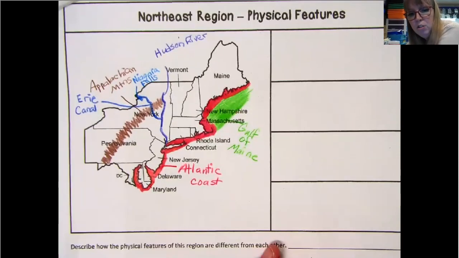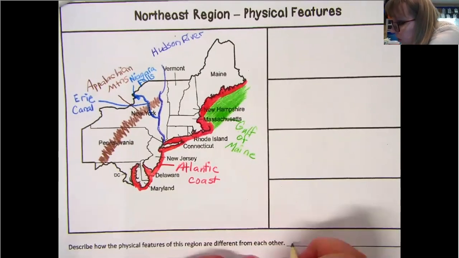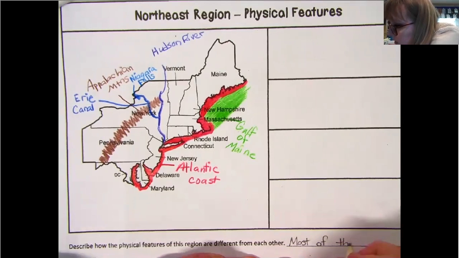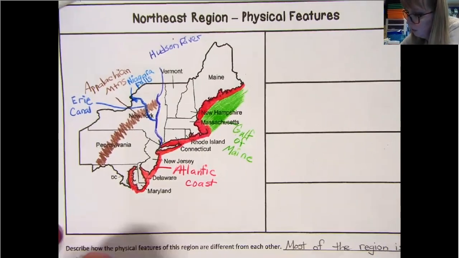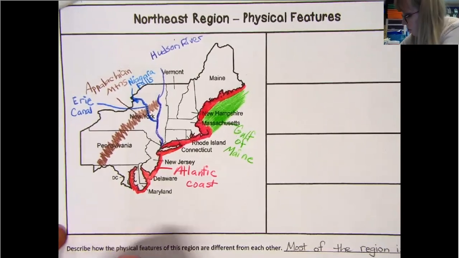describe how the physical features of this region are different from each other. Most of the region is covered by mountains.